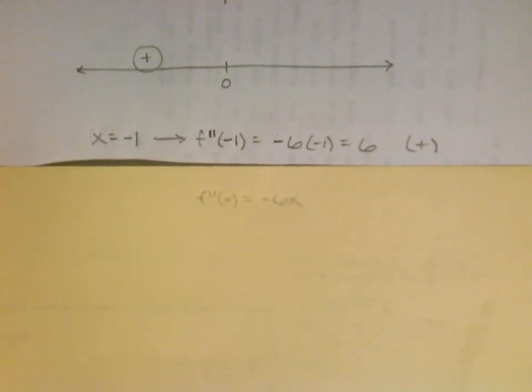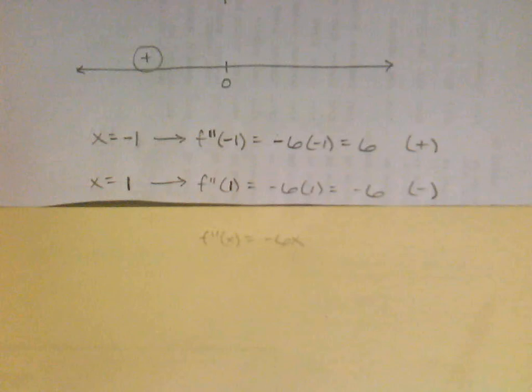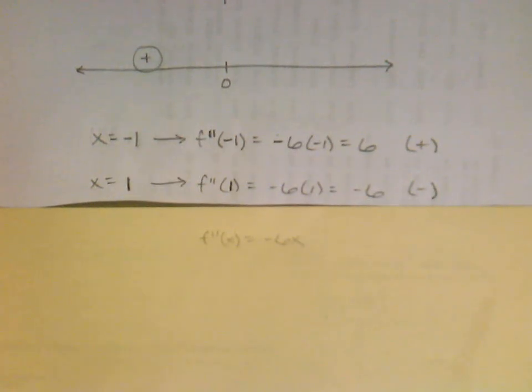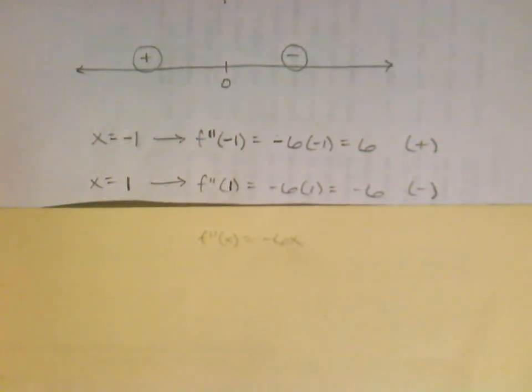Okay. Then for the next interval, I pick any positive number, anything bigger than 0. Well, how about positive 1? I will put that into the second derivative, and I get negative 6. Again, I don't care that it's negative 6, I just care that it's negative, so I'm going to put a big negative sign right there.